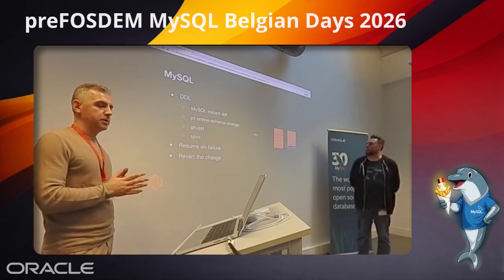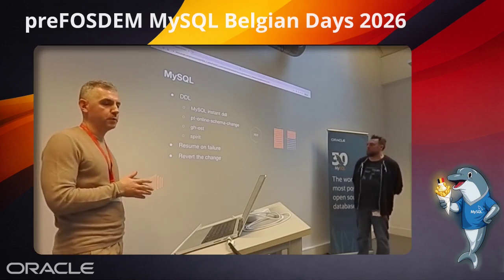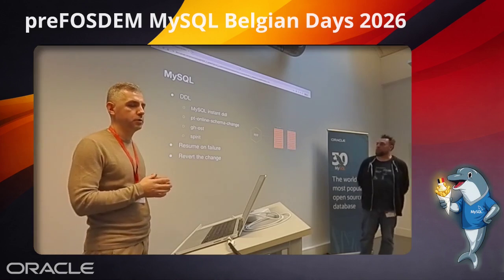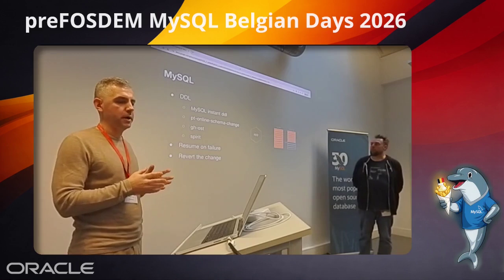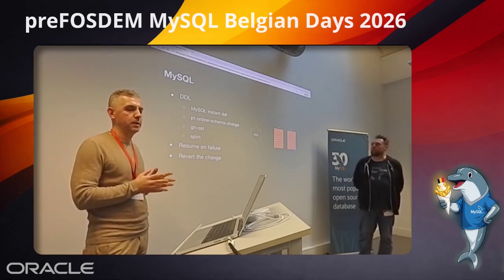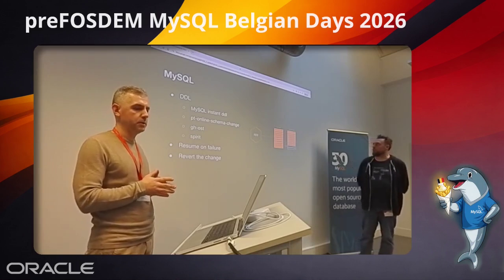The next big challenge in MySQL is running DDL. A lot of progress is made by making some of the changes instant, and also there is online DDL, but it's still challenging to alter very large tables.